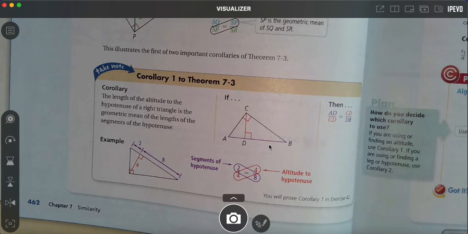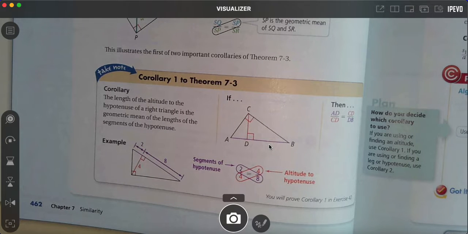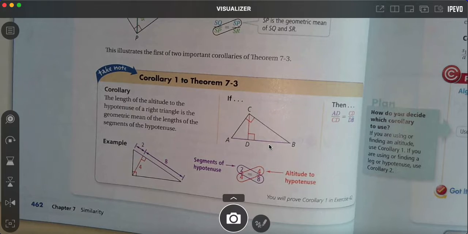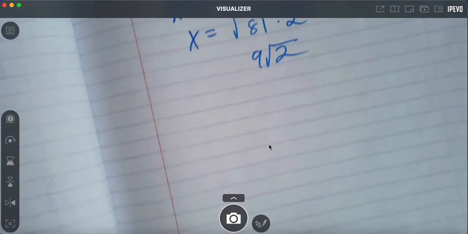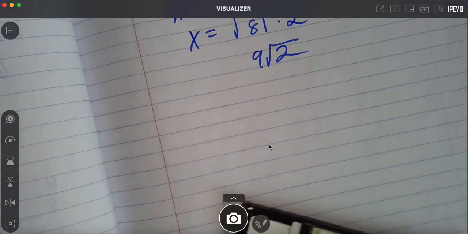So let me do an example. Do I want that one yet? No, not yet. So let me look at, I'll do this picture.